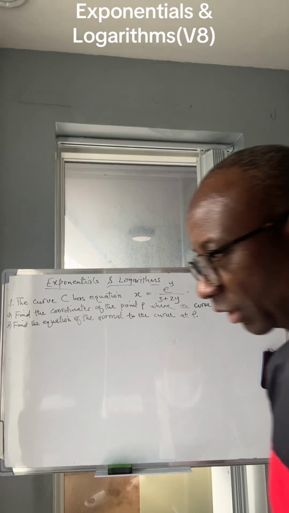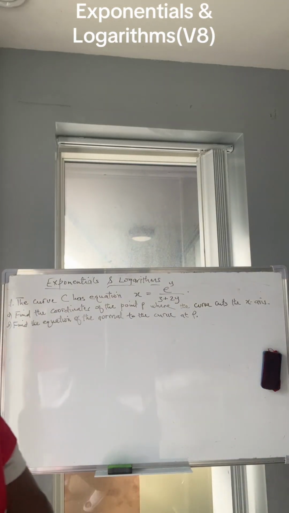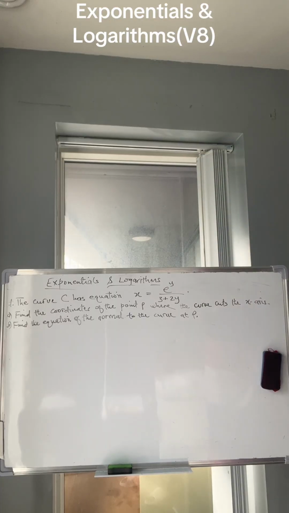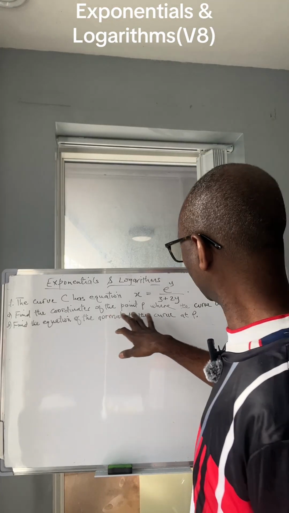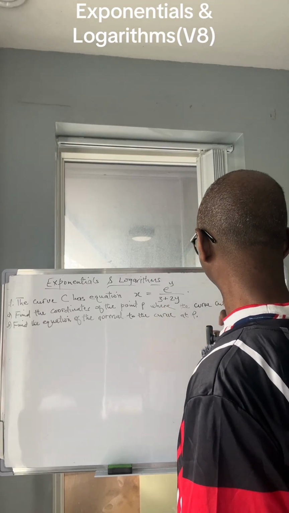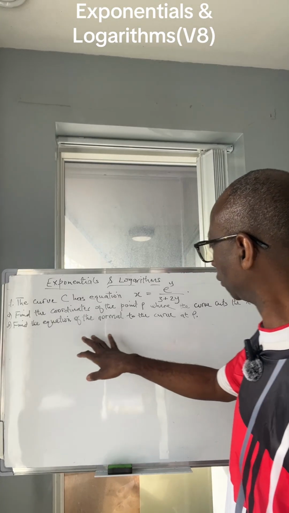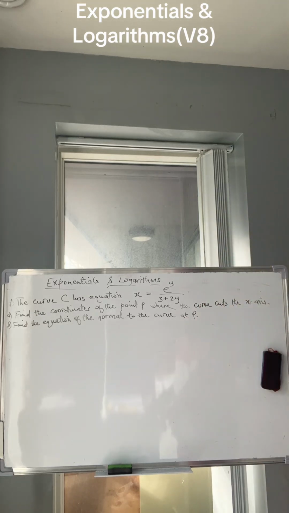That is the equation of the curve with an exponential function, e raised to the y. Part A: find the coordinates of the point P where the curve cuts the x-axis. And part B says find the equation of the normal to the curve at P.